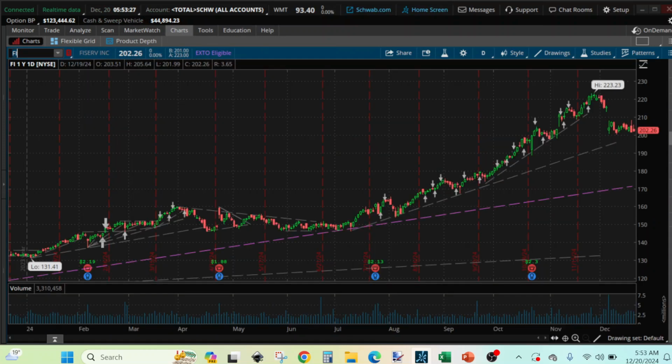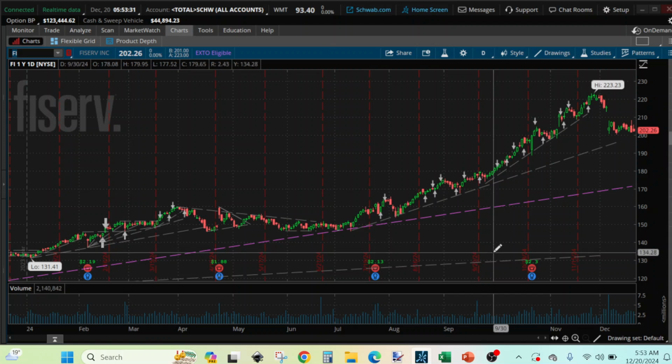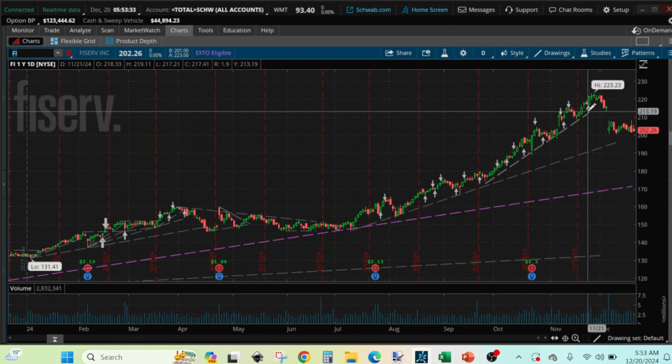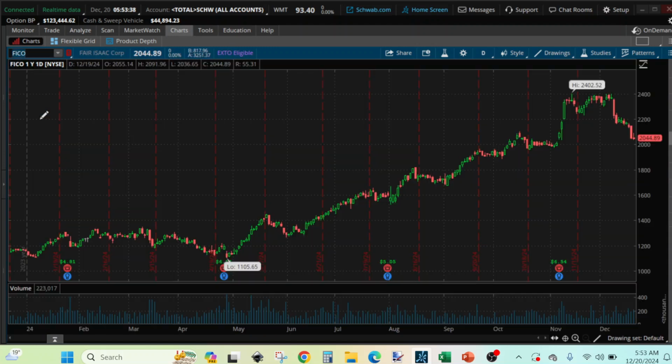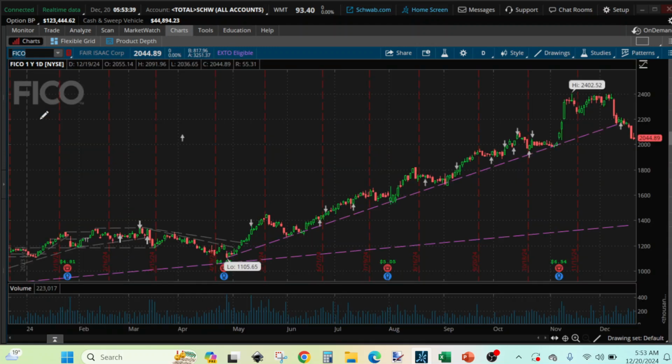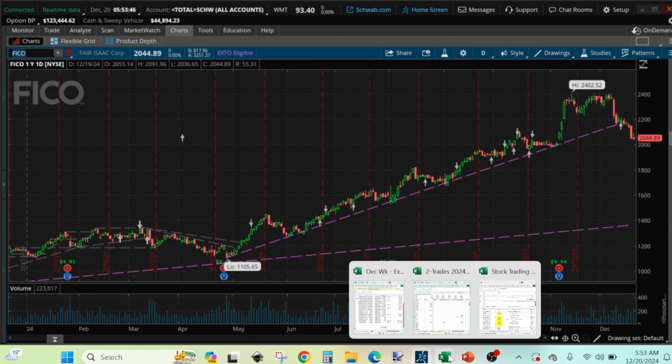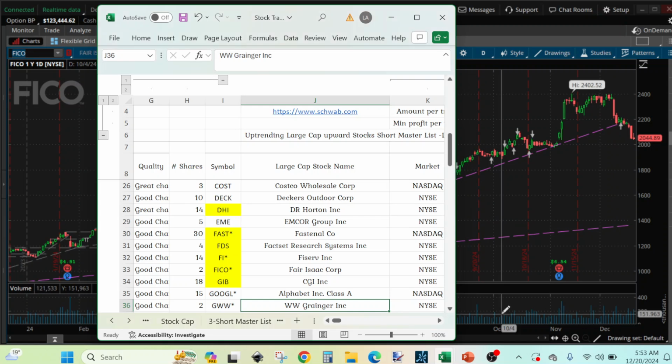FI, we bought it already somewhere there. That is what the arrow there signifies. So we bought this one on that line, but it seems to be coming here. It's ending the 1 year trend line. It's going below it. Google.